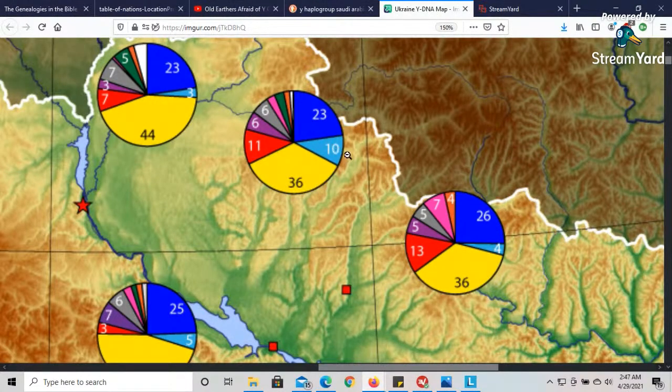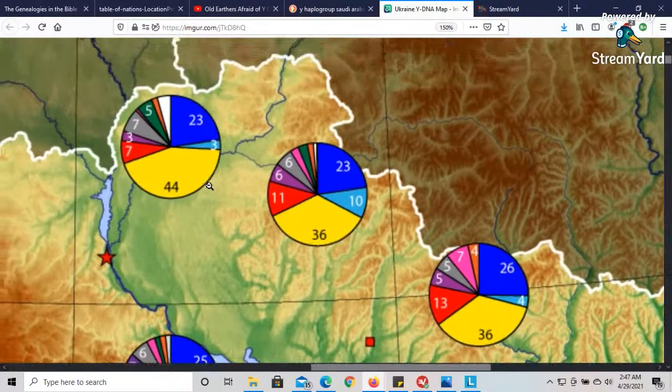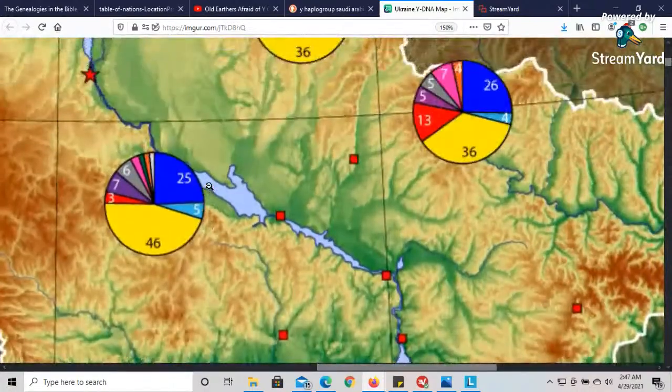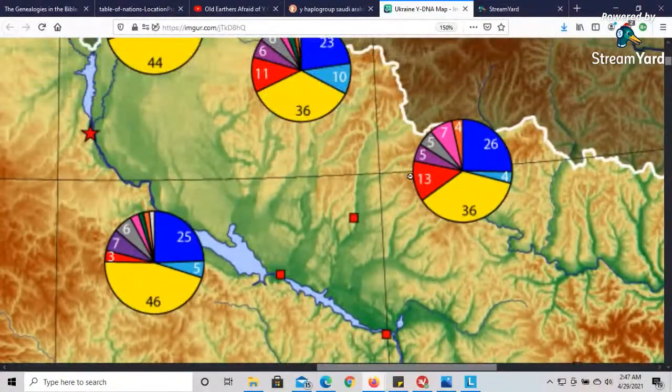Of course, the I1 is what is more commonly seen in Scandinavia, but still present here. But the main thing I noticed here, or I wanted to note, is the presence of the T, presence of the E1B1, and the Assyrian Y chromosome, which technically could all be included as Israel.